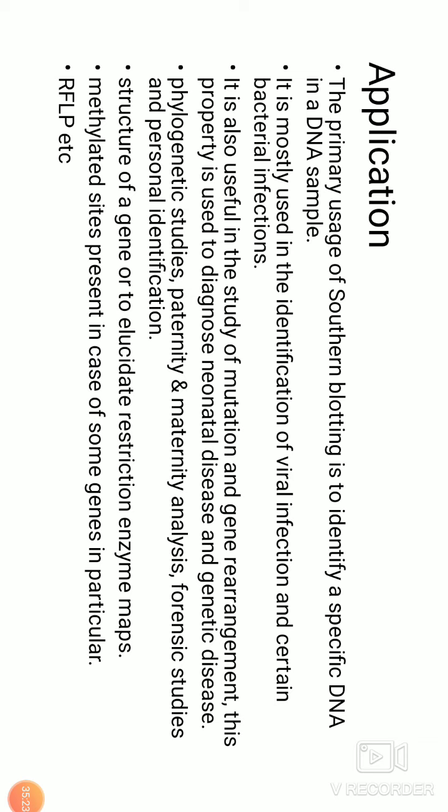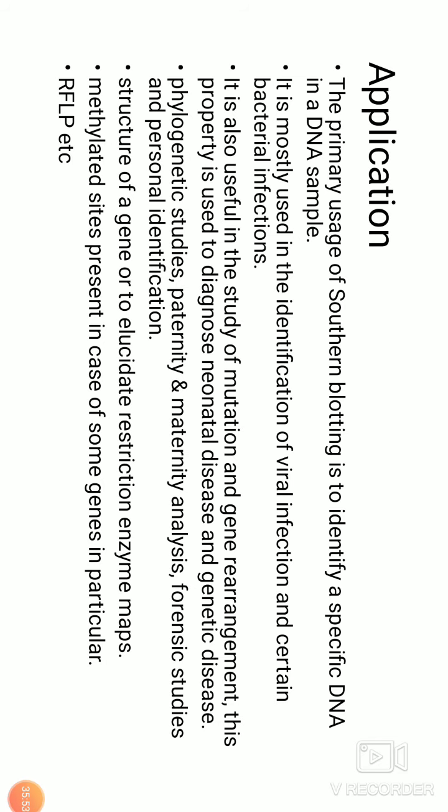It's also used in paternity and maternity analysis, forensic studies, and personal identification. It can be used to study the structure of genes, to elucidate restriction enzyme maps, or for methylated site detection in some cases. Techniques like RFLP, restriction fragment length polymorphism, can be easily done by Southern blotting.